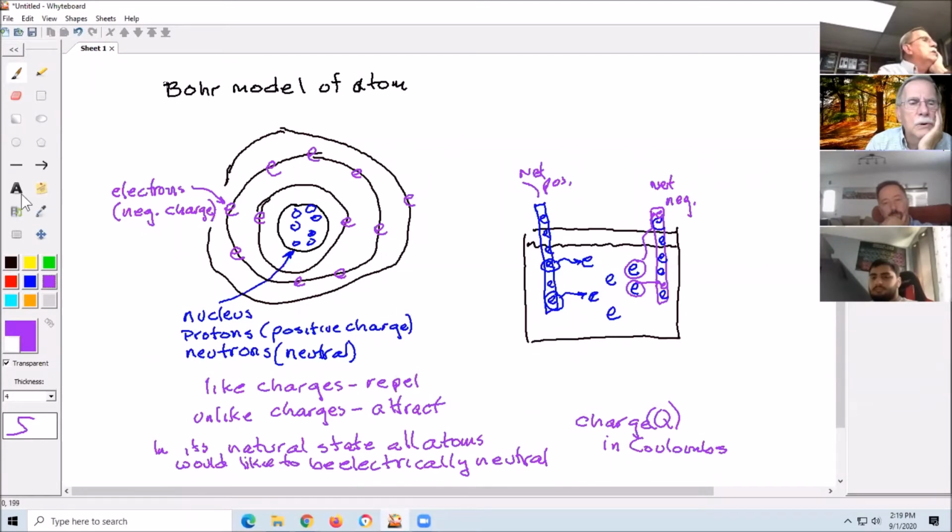So now what we do is, if I now took and connected, this is the symbol for a light bulb.